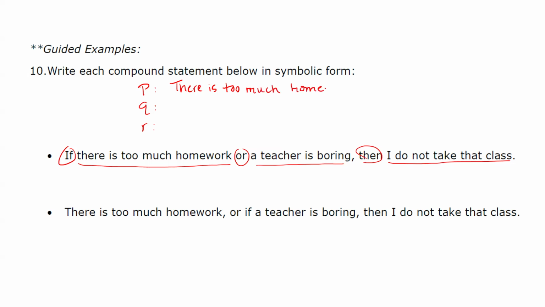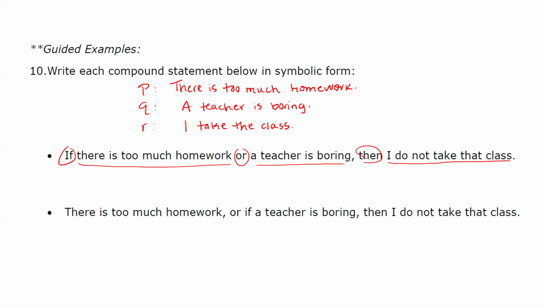That's the first statement. The second statement is, a teacher is boring. And the third statement is, I take the class. So we want the positives of each statement, not the negations.